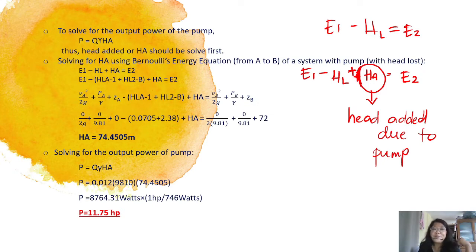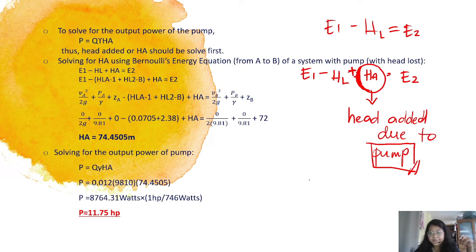So pump is parang pang-motivate talaga, no? Pang-taas, pampaad ng energy yung pump na yun. Okay? So mind you that you have to consider HA when it comes to pump related problems, no? So hydraulics.